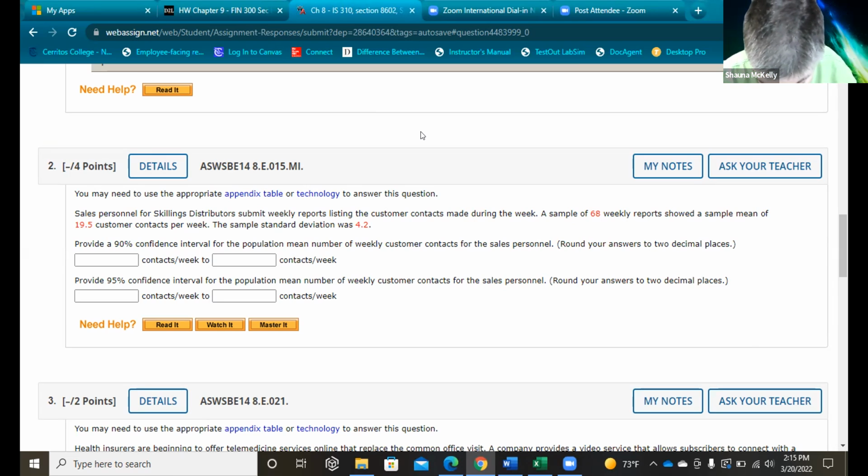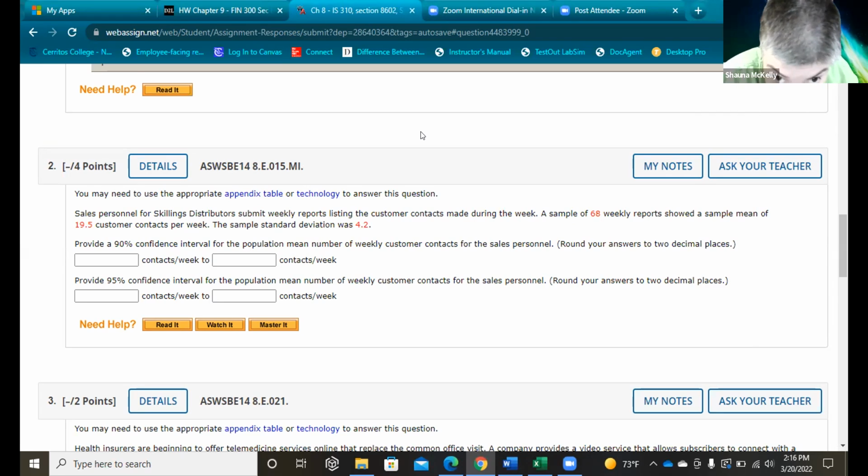You said stats, then tests. And then you go down to the one that says T interval, which is number 8 for me. Okay, and then make sure you right arrow to stats so you can enter the stats.